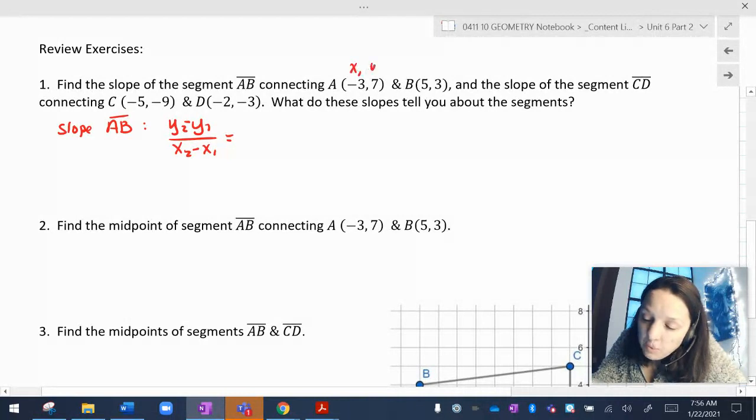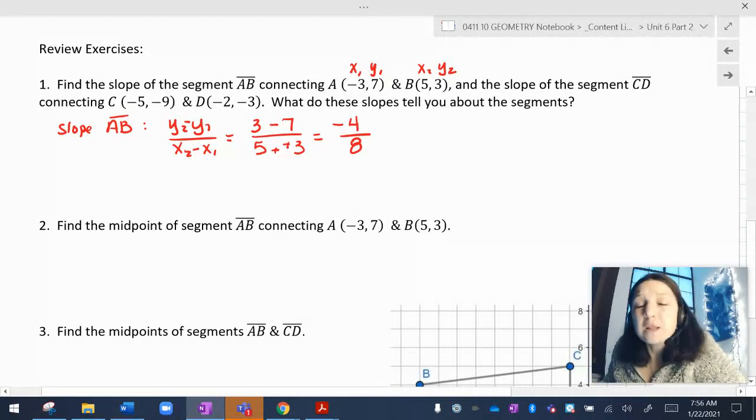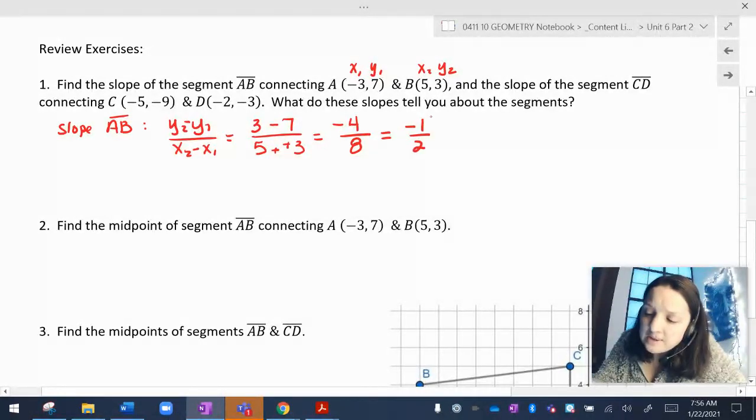And this is x1, y1, and that's x2, y2. So this is going to be 3 minus 7 over 5 minus -3. 3 minus 7 is -4. 5 minus -3 is like plus 3, that's 8. And then we really like to simplify slopes, that makes things easier on us. So -4/8 is -1/2.